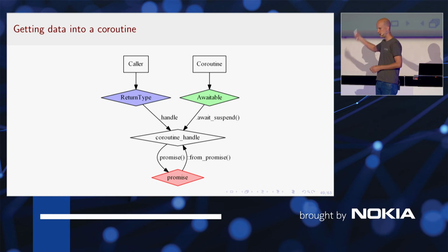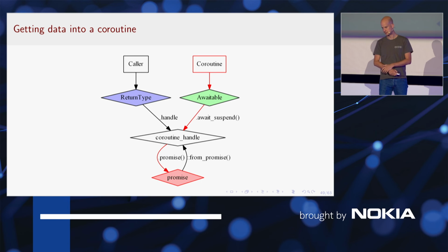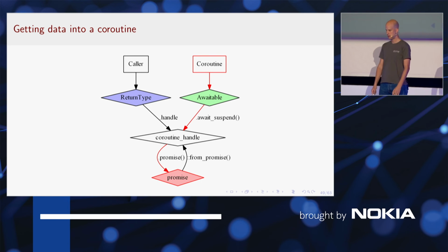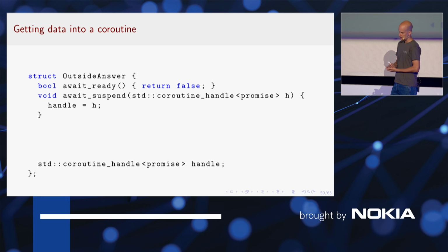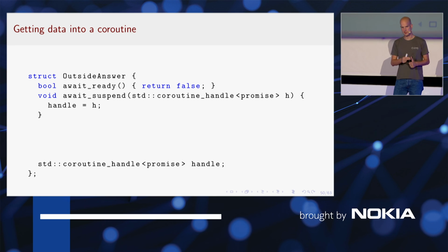So now again, the data lives in the promise. So how can the coroutine get to it? Again, the only path is through the awaitable. So what you will see here, if I am going to write now this outside answer awaitable, is that I want to return false at await_ready, right?